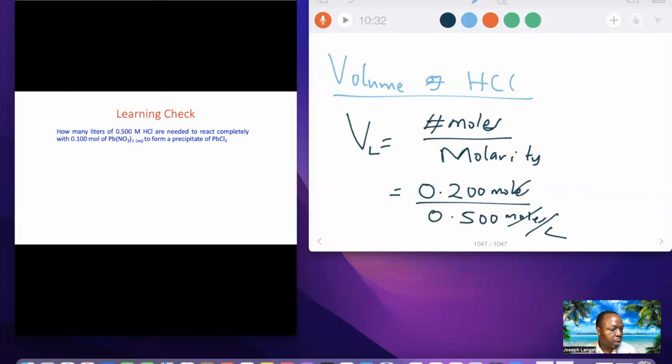Moles and moles will cancel, and we have volume in liters.